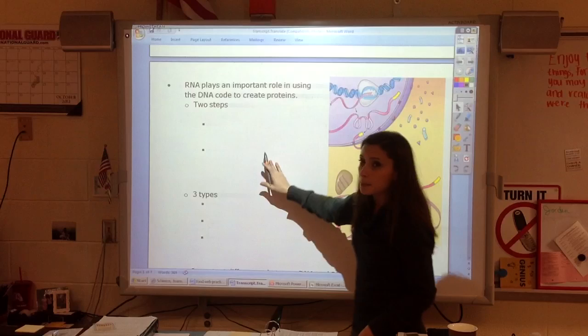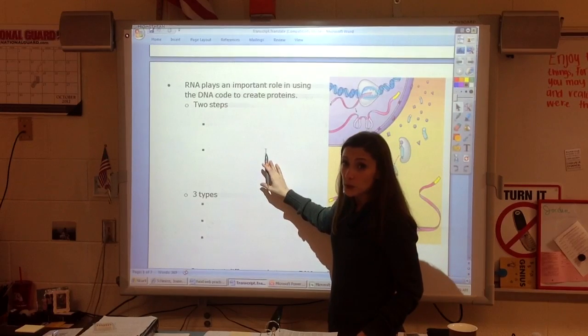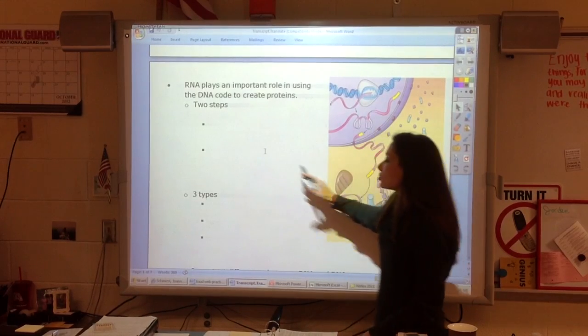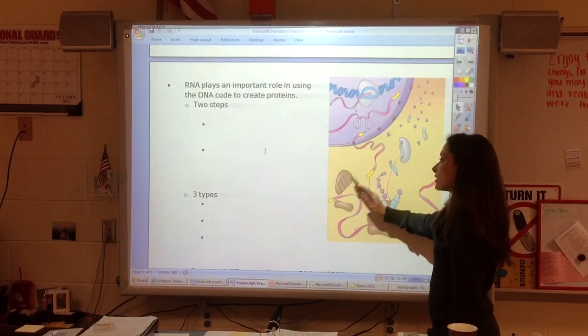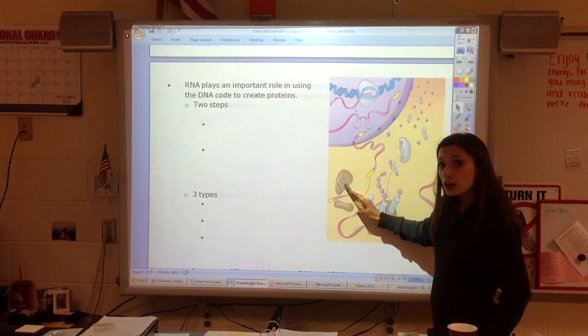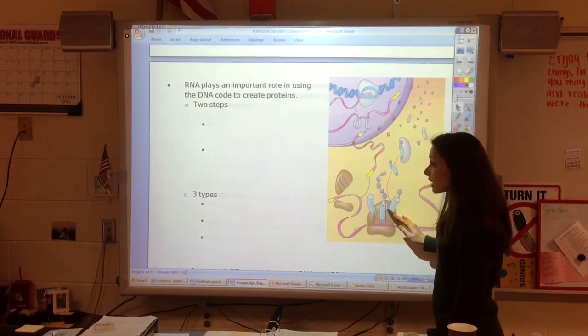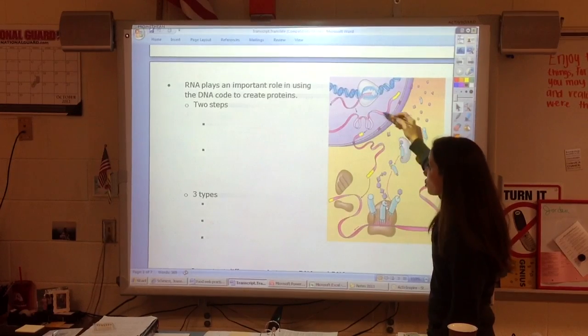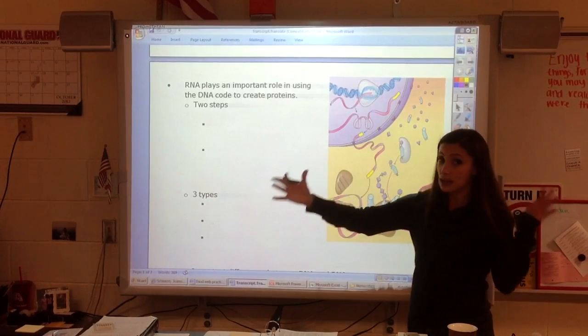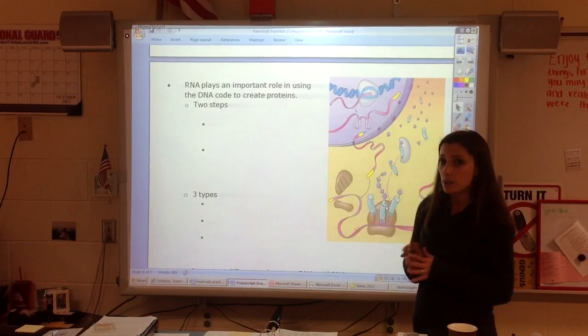The next step is called translation, and that's where we want to practice today. Translation is where we're going to see rRNA, or the ribosome, and tRNA come into play as well. During transcription, we're making a whole mRNA from scratch.